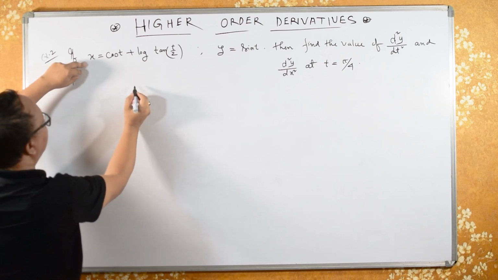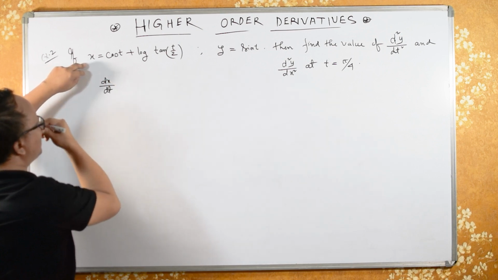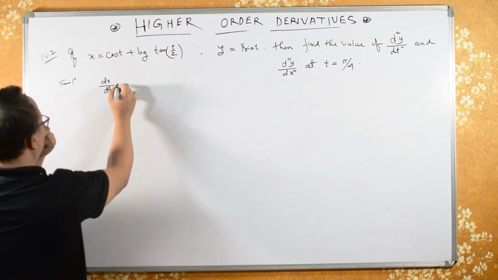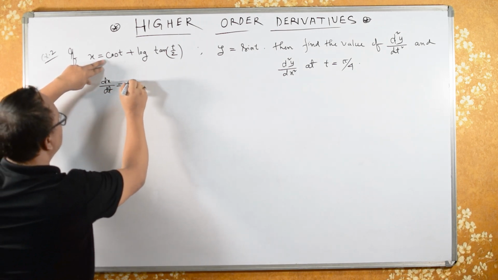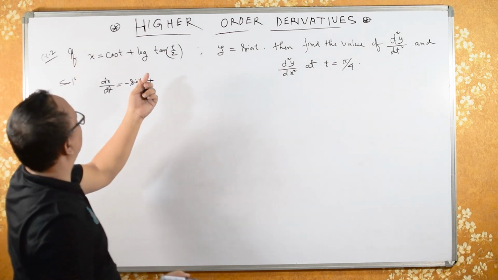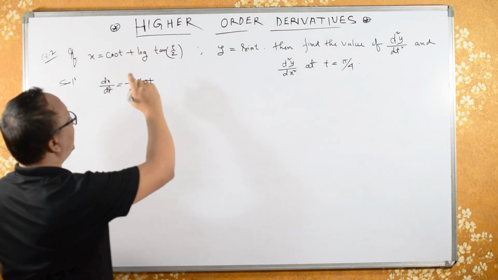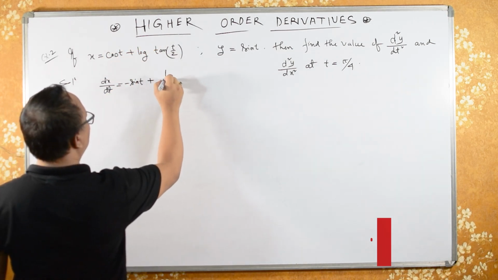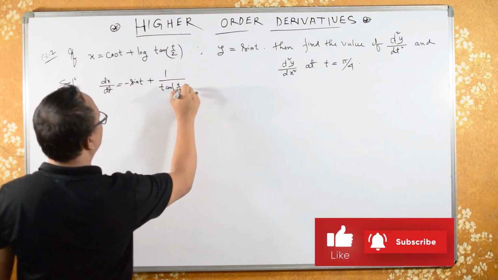now from here I can find dx by dt, differentiation of x with respect to t. Okay. Now here, differentiation of cos is what? Minus sin t plus, okay? Log of this, since d by dx of log x is 1 by x, over here, I will be getting 1 upon tan of t by 2.